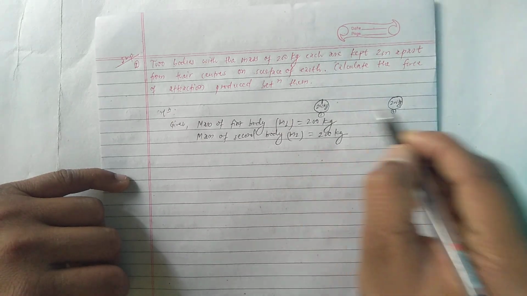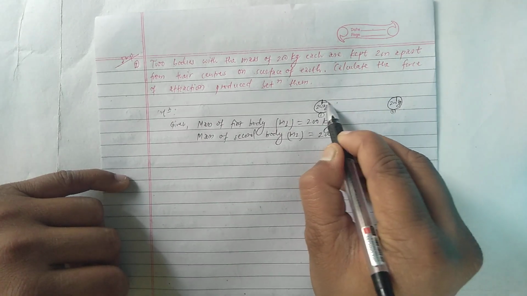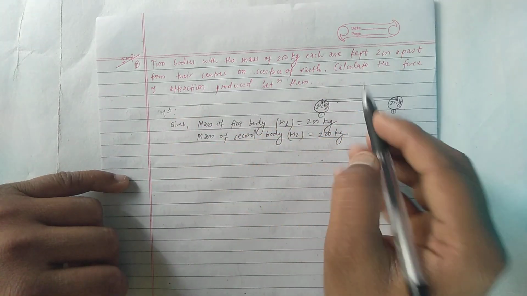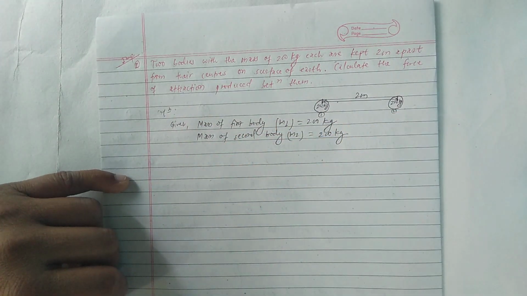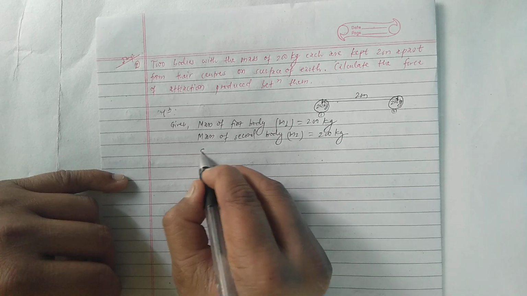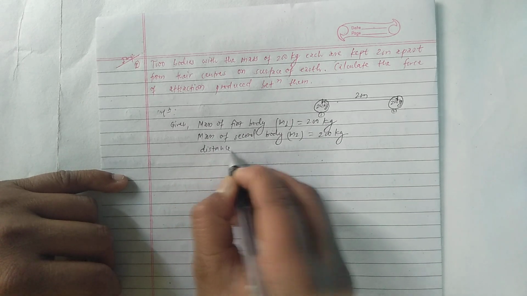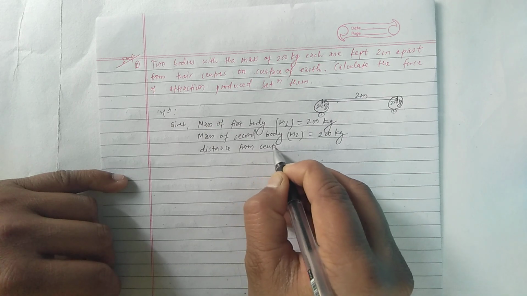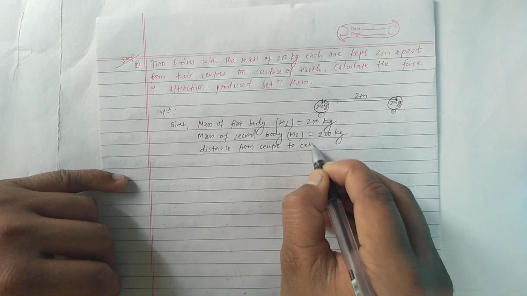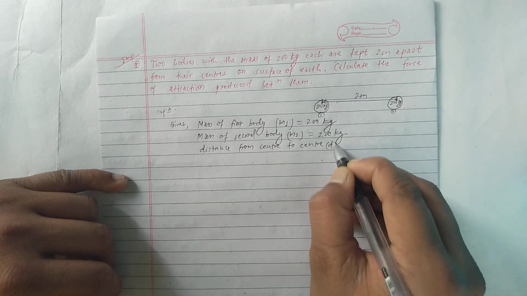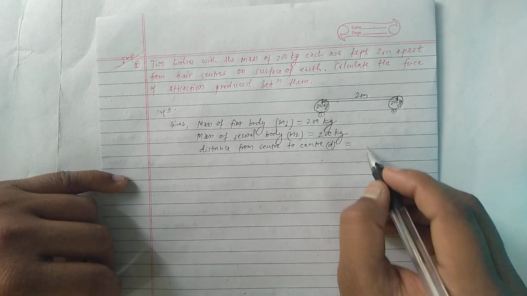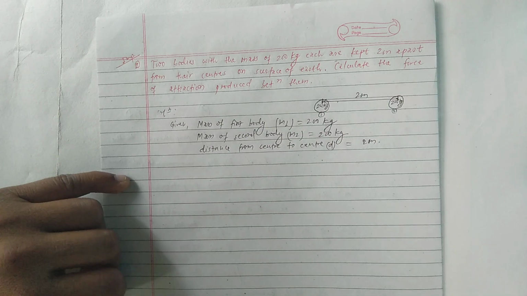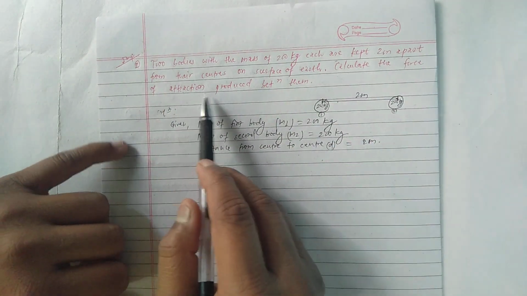If this is the center and this is the center, these two are separated by a distance of 2 meters. So the distance from center to center, denoted by capital D, equals 2 meters. Okay, so we have to calculate the force of attraction.